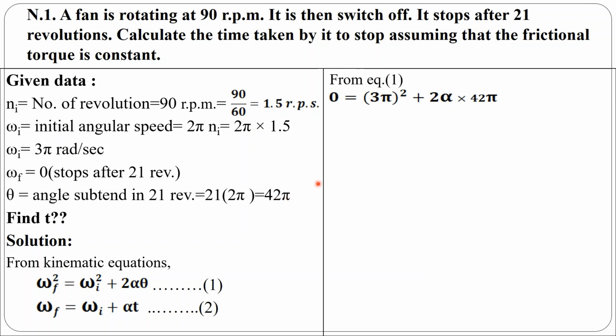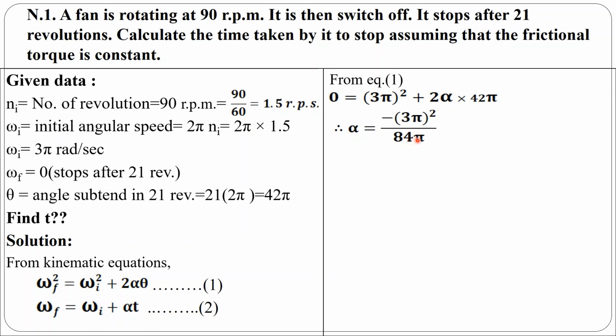Okay, so 0 is equal to (3 pi) squared plus 2 alpha into 42 pi. Rearranging for alpha, alpha is equal to minus (3 pi) squared divided by 84 pi.